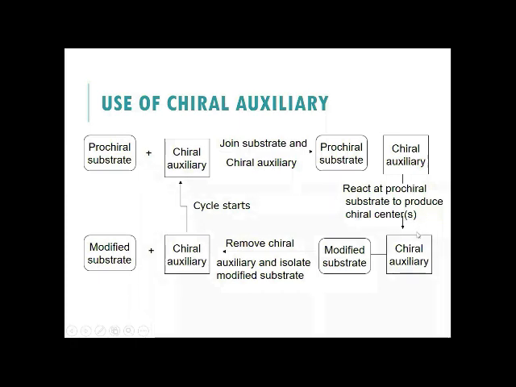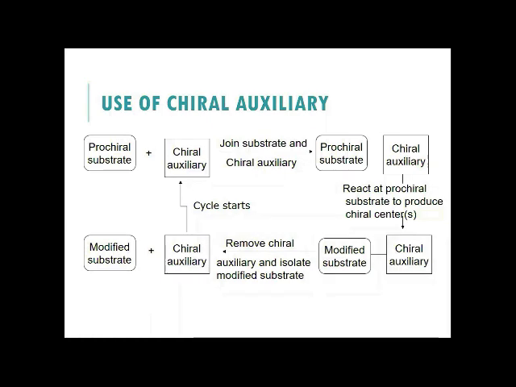Once it produces the chiral center, the prochiral substrate is converted into the modified substrate, which is still attached to the chiral auxiliary. Then we remove the chiral auxiliary and isolate the modified substrate. So here the chiral auxiliary is removed and we get the modified substrate.